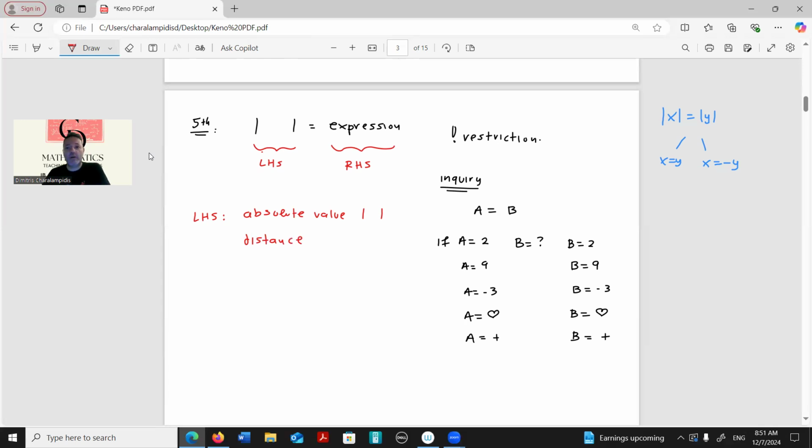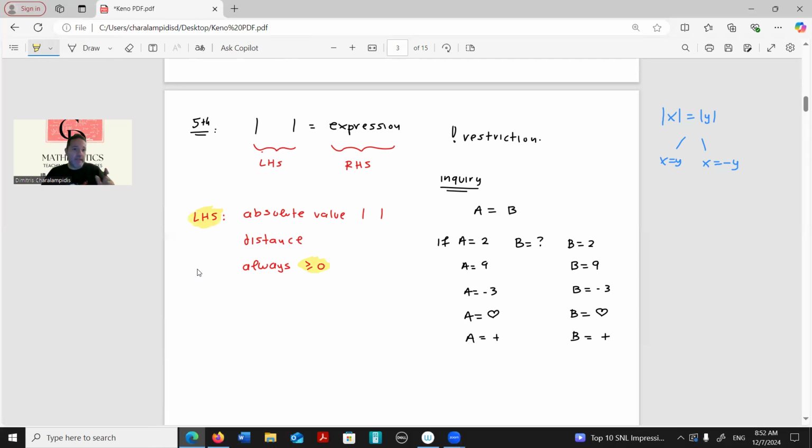I know that absolute value is distance. What have we said with regards to distance? That distance is always greater or at least 0. So, to recap, on the left-hand side, we have an expression which is greater or equal than 0.